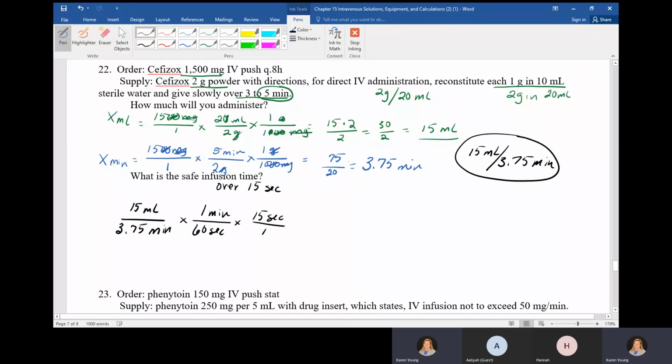Now, when you're doing this, your safe infusion time, you're always going to use the 1 minute over 60 seconds and always the 15 seconds times the 15 seconds. So those are just given. My seconds cancel.